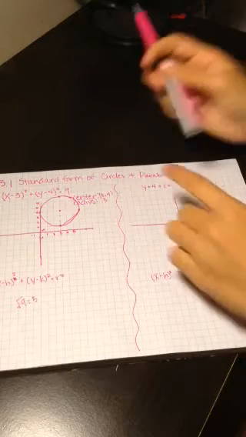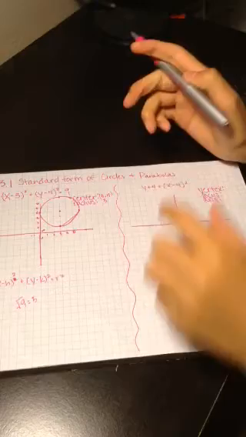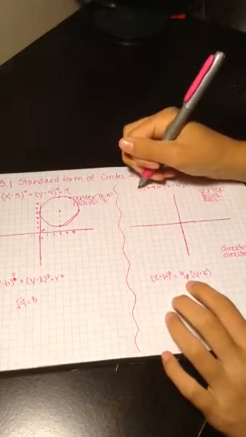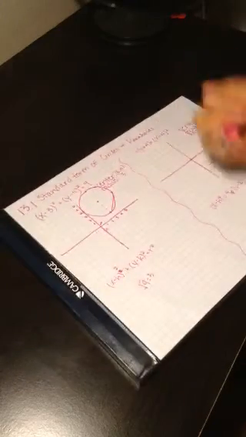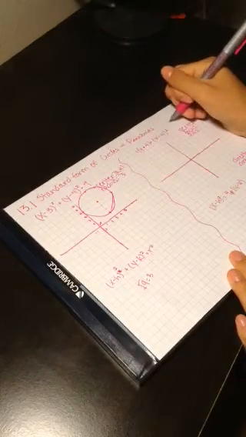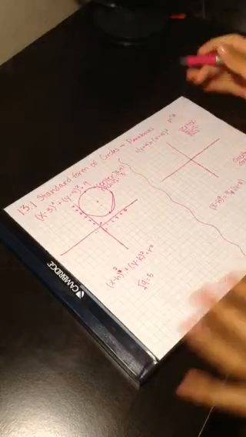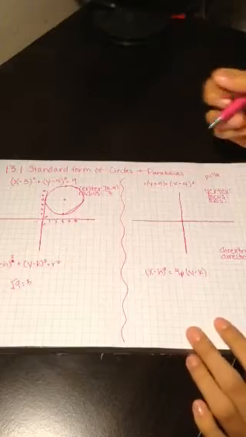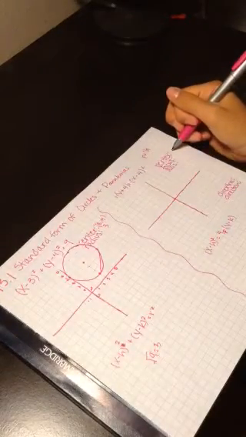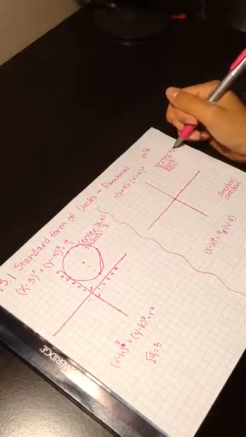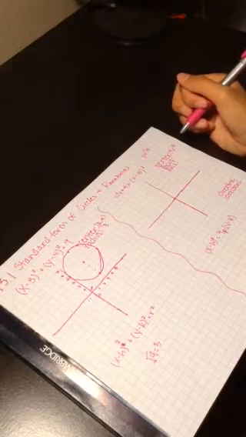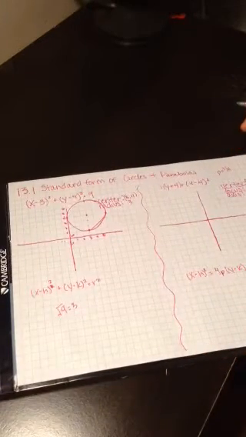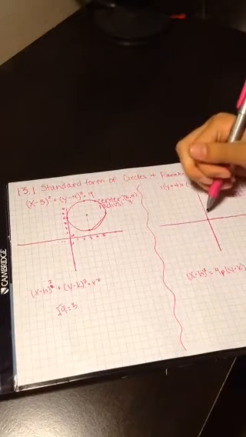Here we don't have a p-value per se, but our p-value is actually 1 over 4, so 4p equals 1 and p equals 1/4. We'll go from the vertex, which is positive 4 and negative 4. From the vertex, so we should graph that.